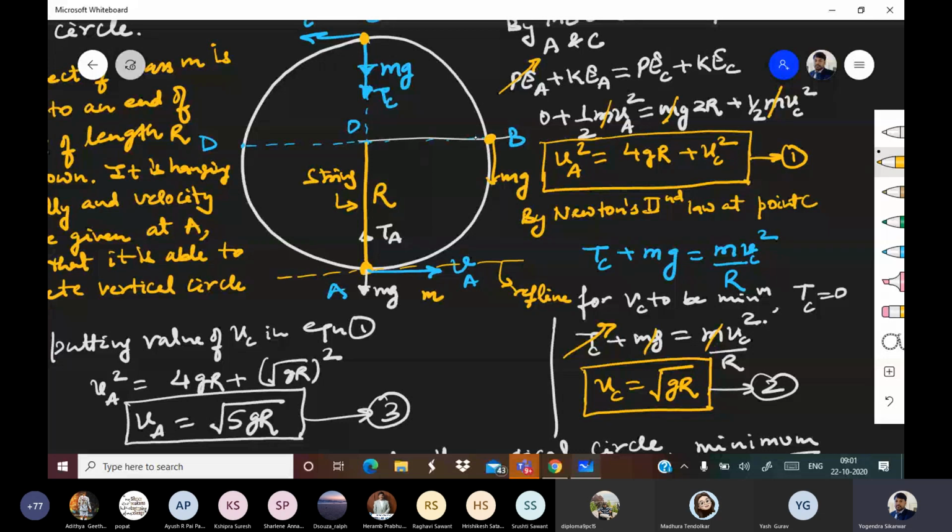Now you tell me, all intelligent people, can we have any component of mg along the tension? No. The only force acting on the object at point B towards the center of the circle is TB, and only that will be providing the necessary centripetal force.